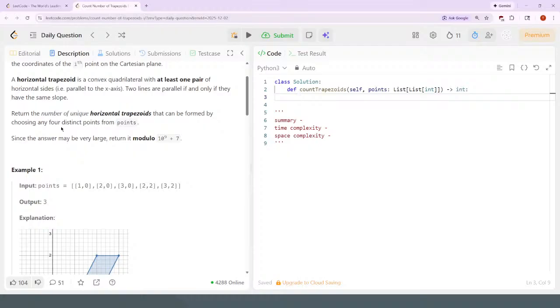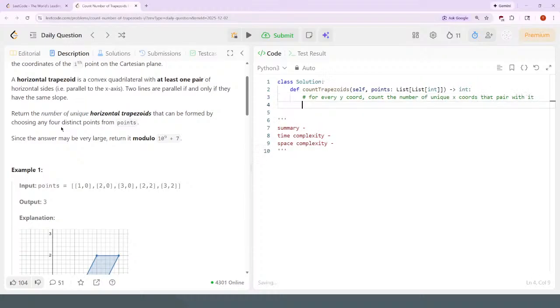I think for every point, I keep a count of the number of unique x coordinates for that point. So for every y coordinate, count the number of unique x coordinates that pair with it. So for instance, if I have (1, 2) and (3, 2), that means y coordinate of 2 has a list of 1, 3.